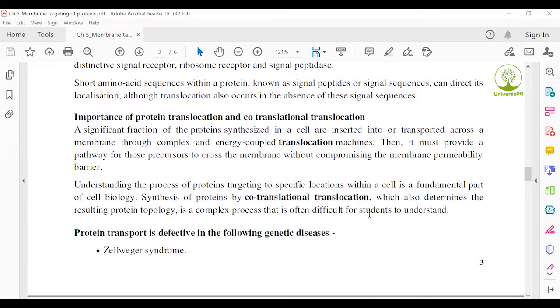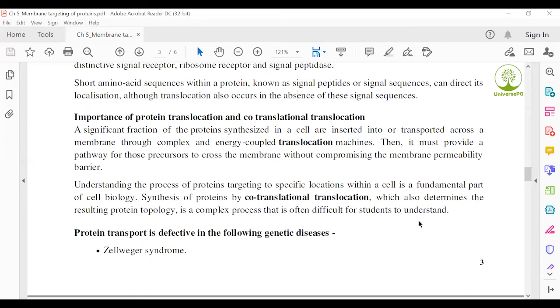Importance of protein translocation and co-translational translocation. First, protein translocation. A significant fraction of the proteins synthesized in a cell are inserted into or transported across a membrane.